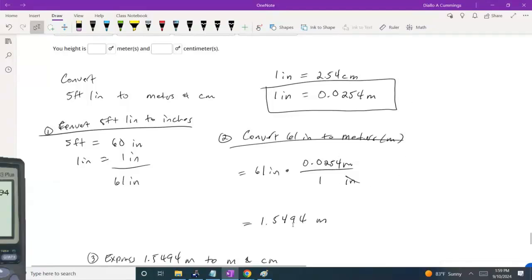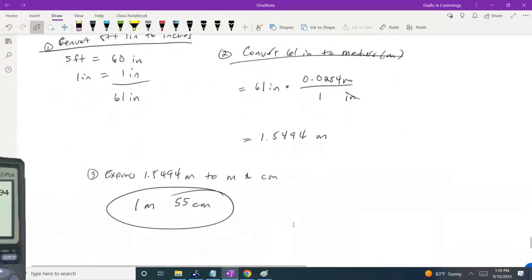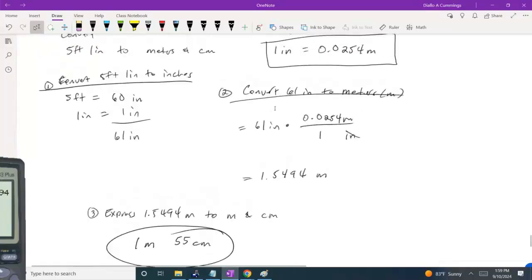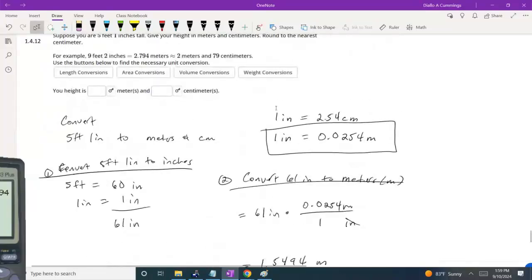We set up the unit fraction and got 1.5494 meters, and we expressed that in meters and centimeters. The whole number is your meter, and for centimeters, those are the first two numbers after the decimal. Any questions about number 12?